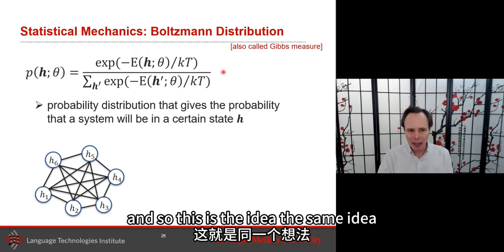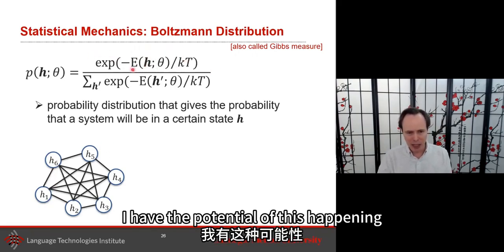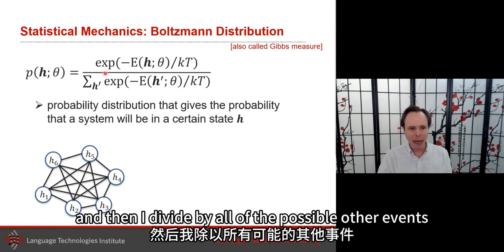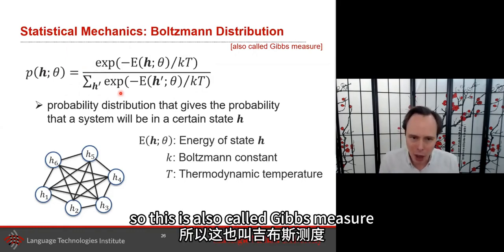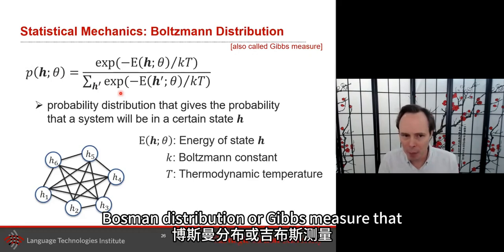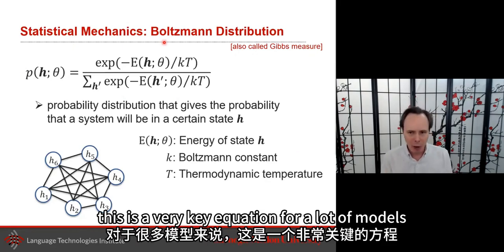The same idea is that I have some state, I have the potential of this happening, and then I divide by all of the possible other events, and then that gives me a probability. So this is also called the Gibbs measure, or Boltzmann distribution. That's what this is. This is a very key equation for a lot of models.